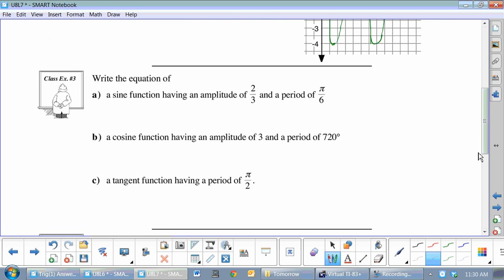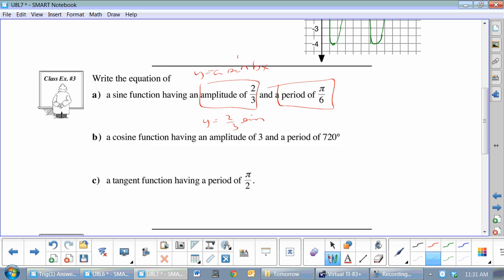Okay, write this equation. Having an amplitude of 2/3 and a period of pi over 6. Now remember what I'm looking for. y equals a sine b of x. So what are the numbers that I can put into this? y equals 2 over 3 sine.